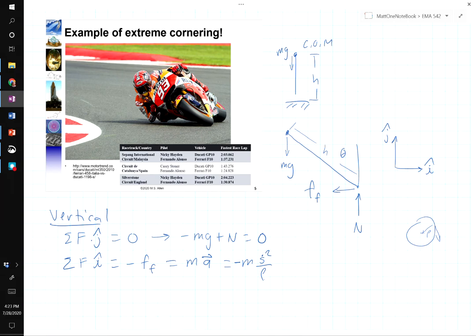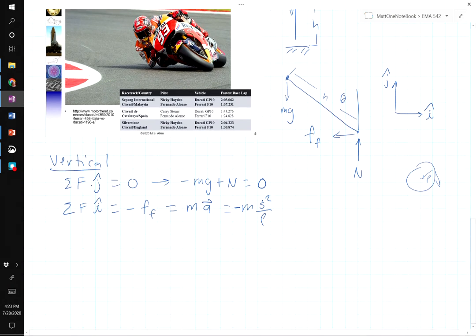So this would be our acceleration, and we might ask, what's the maximum acceleration that we can have?